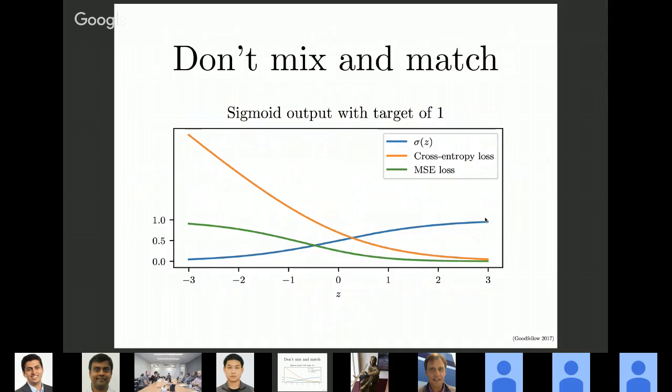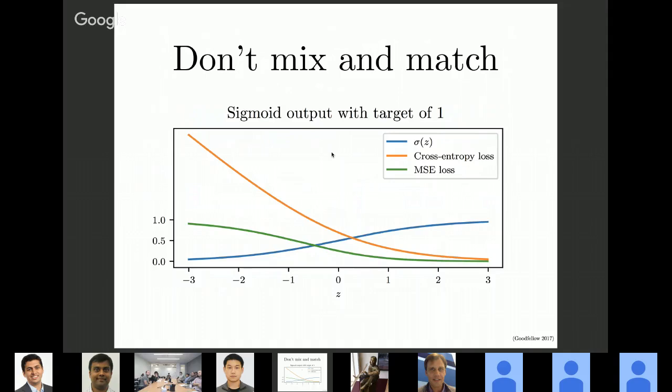Now let's suppose that we've computed this output value z for a particular input where the label in the training set is 1. We want the probability of the 1 class to be as high as possible.